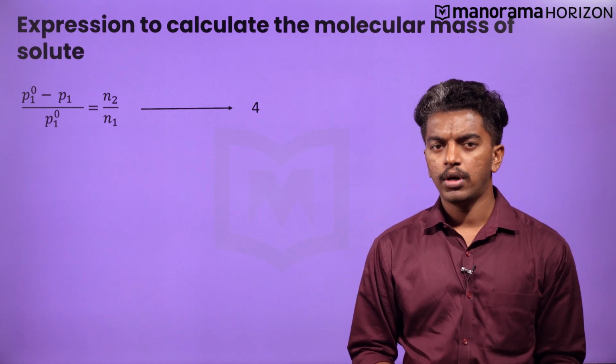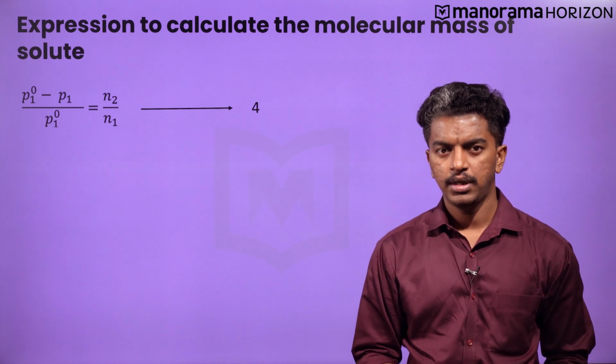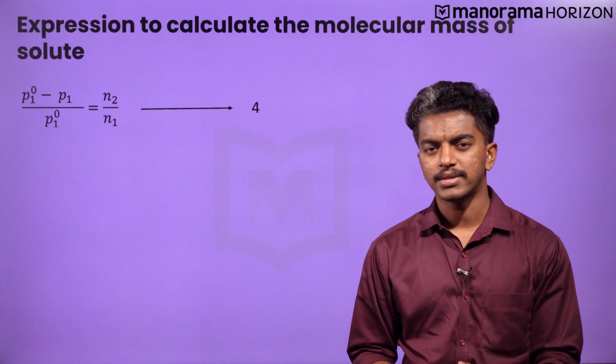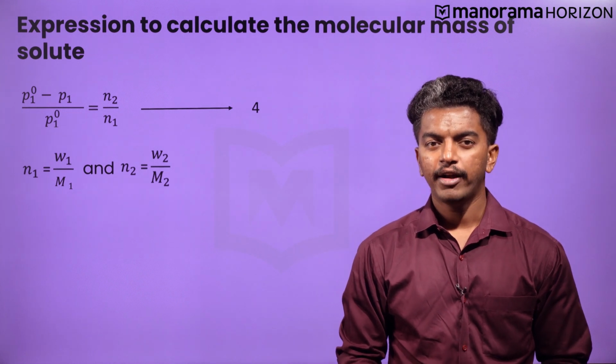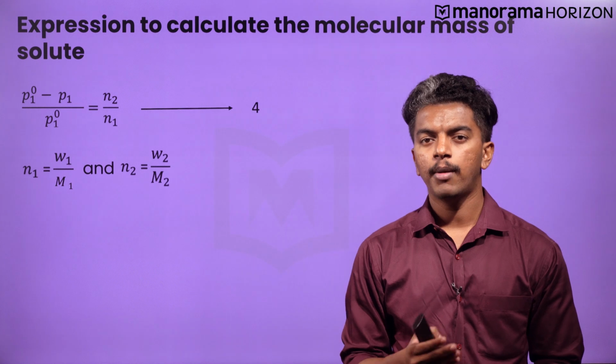The number of moles can be expressed as the ratio of weight to molecular weight. Thus, representing N1 and N2 in terms of weight and molecular mass, you may write N1 is equal to W1 divided by M1 and N2 equal to W2 divided by M2.